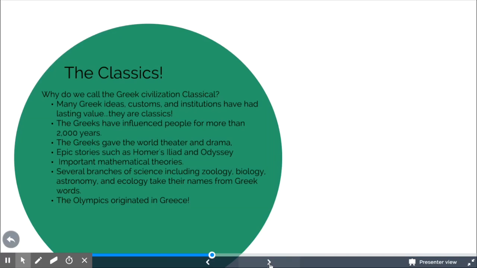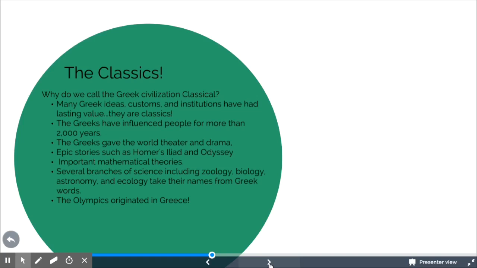The Greeks gave theater and drama, so that's pretty cool. They invented the stage. They had public plays, amphitheaters, Greek tragedies, Greek comedies. All that was invented by the Greeks. The Greeks also gave us Homer's Iliad and the Odyssey. So if you've ever read that in school, that's probably familiar to you. Important mathematical theories, the Pythagorean theorem, for one, that you learned in math class.